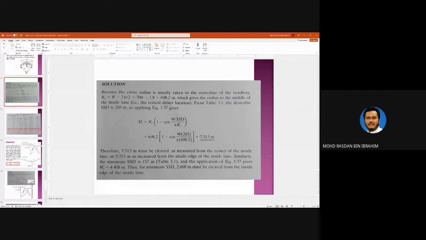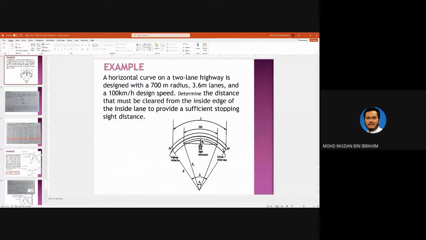You use the value of RV here to calculate MS. So we get 7.513 meters of MS. Therefore, 7.513 meters must be cleared as measured from the center of the inside lane, or 5.713 as measured from the inside edge of the inside lane, meaning that 7.513 here is from the middle to the first obstruction.